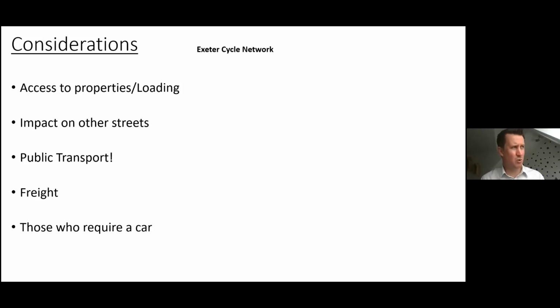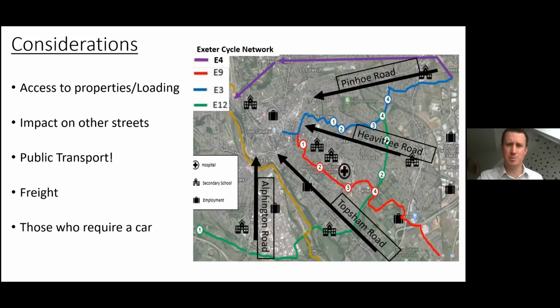An example of where we've tried to do this, I don't know if it's right or not, just to put an example of what we've done, is that we have a strategic cycle network identified in Exeter, and this is the coloured routes in purple, blue, red, sort of yellow, and they go across the city.